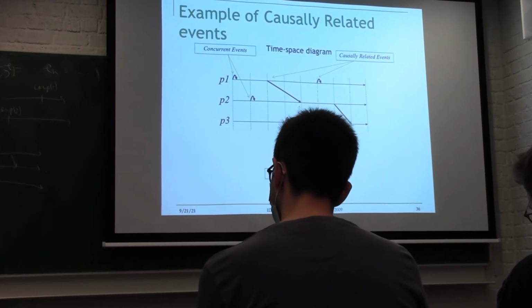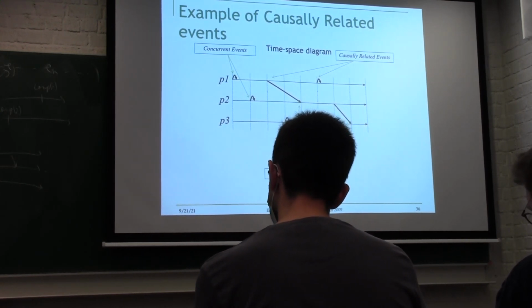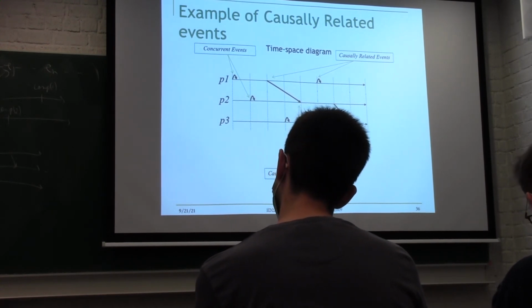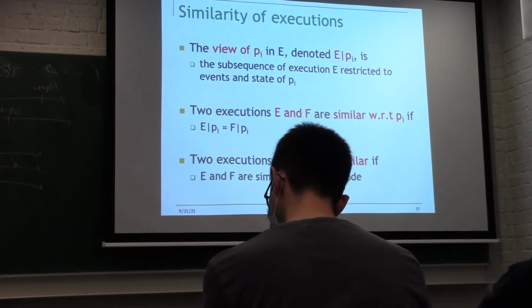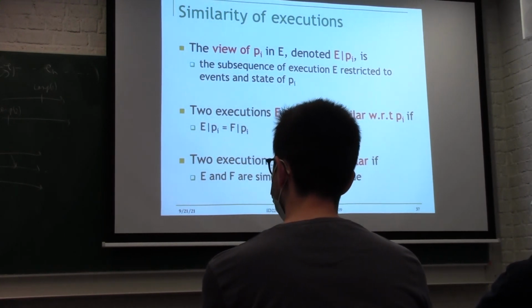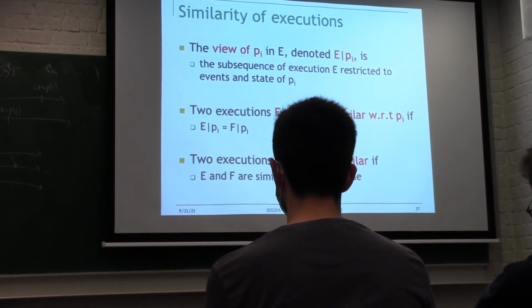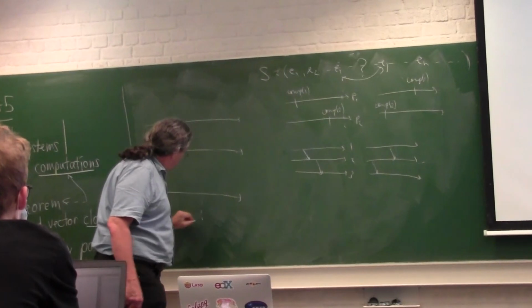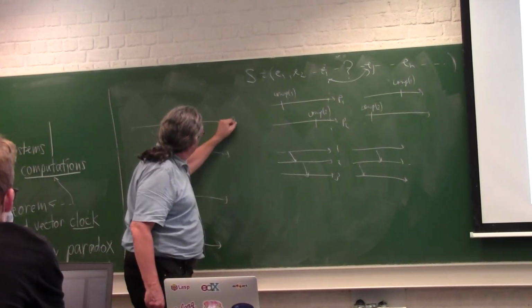Now I'm going to say something a little more subtle. I'm going to talk about similarity, and then I'll tell you what the intuition is. And this is a very strong intuition. So I have an execution of a distributed system on many nodes, P1 to Pn.